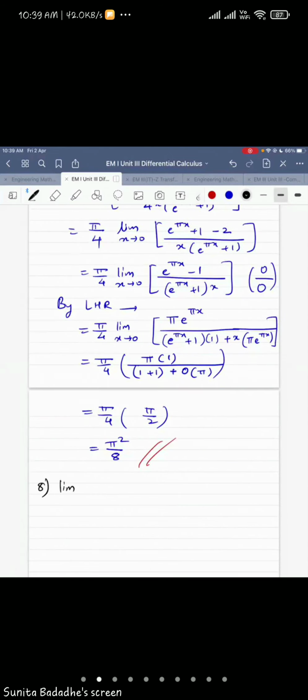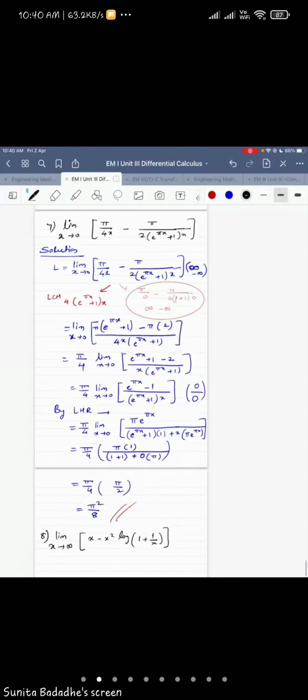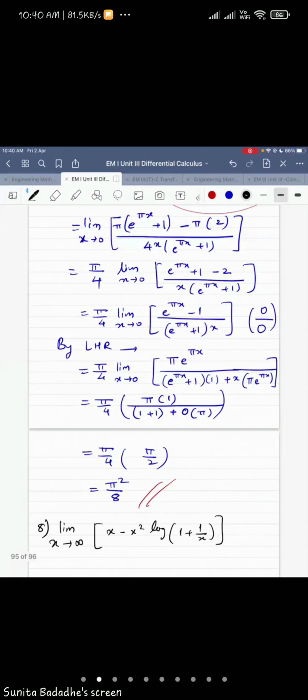Limit x tending to infinity of x minus x square log of 1 plus 1 upon x. So have we solved this example just now? Have we solved this example?